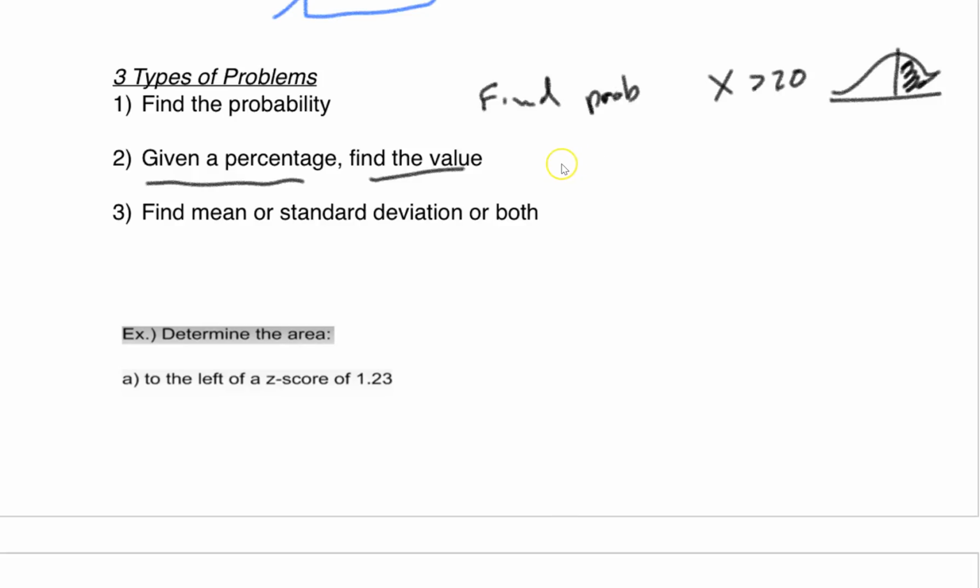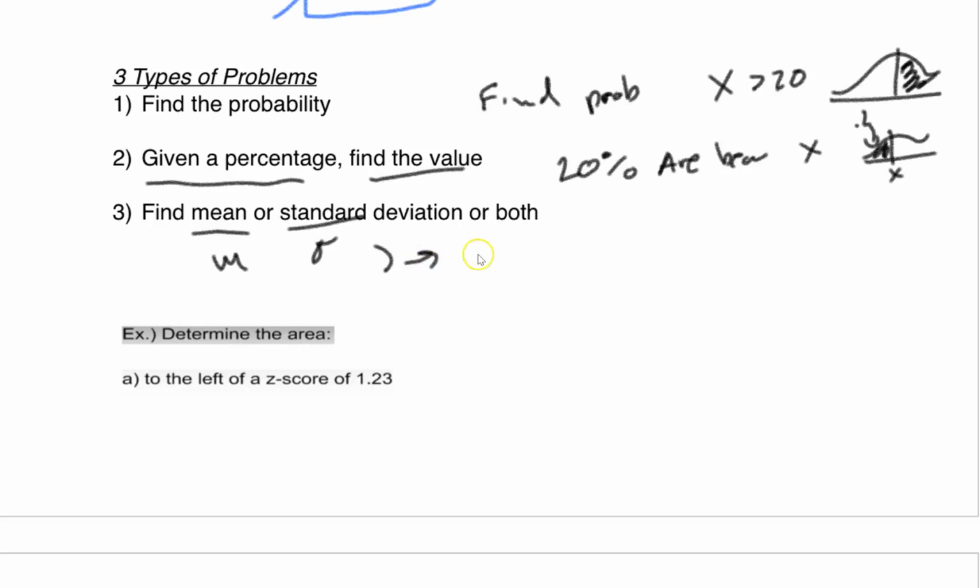I'll say like 20% of people are below X. So you got to find what X is, since you know it's 20%. And the last one is if you're missing the mean or standard deviation or both. So if one of those is missing, you gotta normalize. We'll do one of each so you could see it, but that's the general idea.